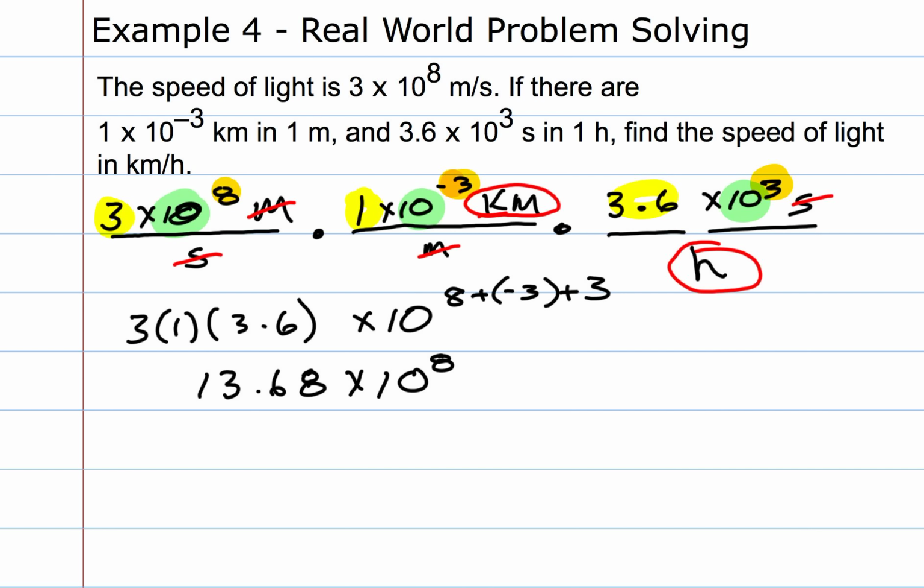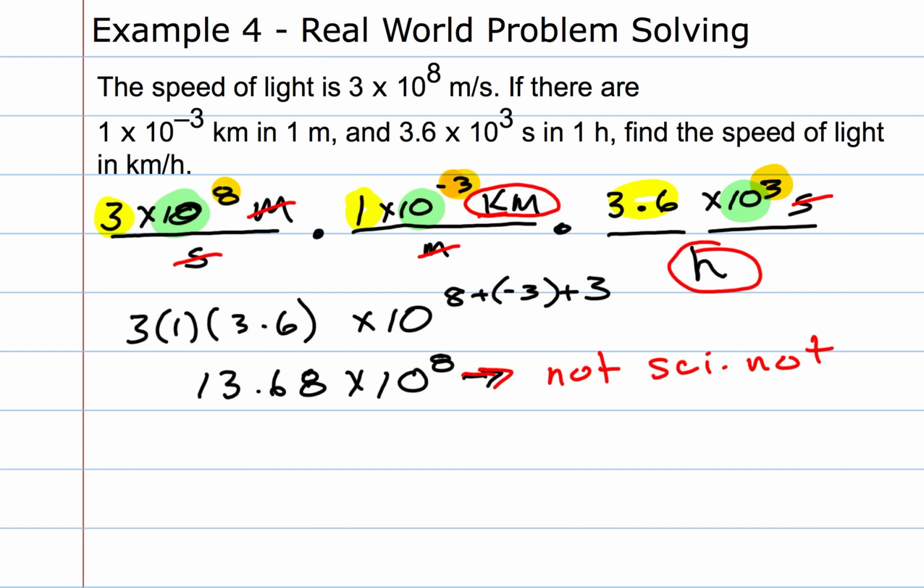Now, it doesn't say to express the answer in scientific notation, but usually you do. So this is not in scientific notation. I want to put the answer in scientific notation. Remember, this line right here is not scientific notation. So what I'm doing right now is putting it into scientific notation.